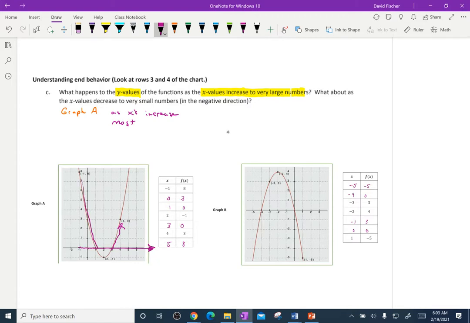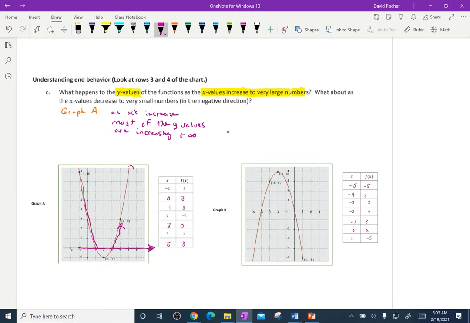As the x's increase, most of the y values are increasing, and I want to say to positive infinity, because that graph goes forever in that direction.